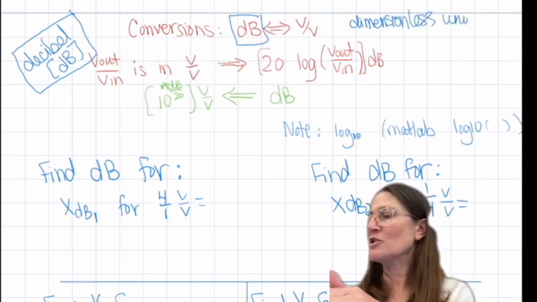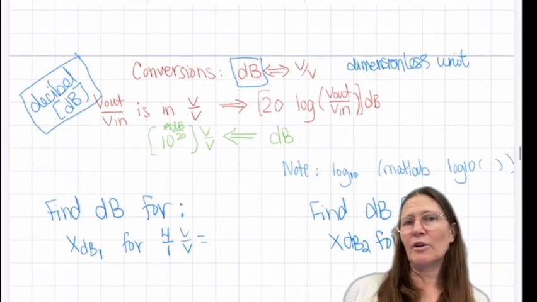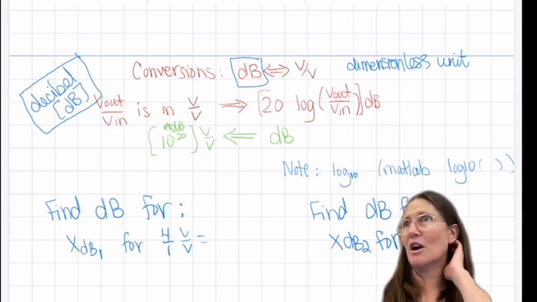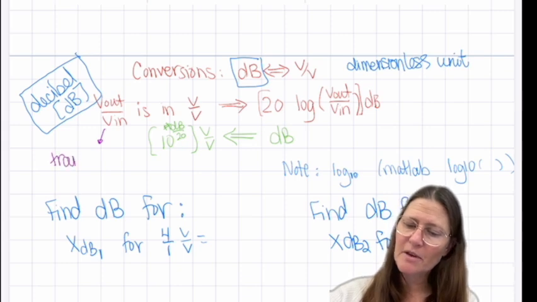So they're a dimensionless unit. Volts over volts is actually our output over an input. This output over input is also called a transfer equation or transfer function.